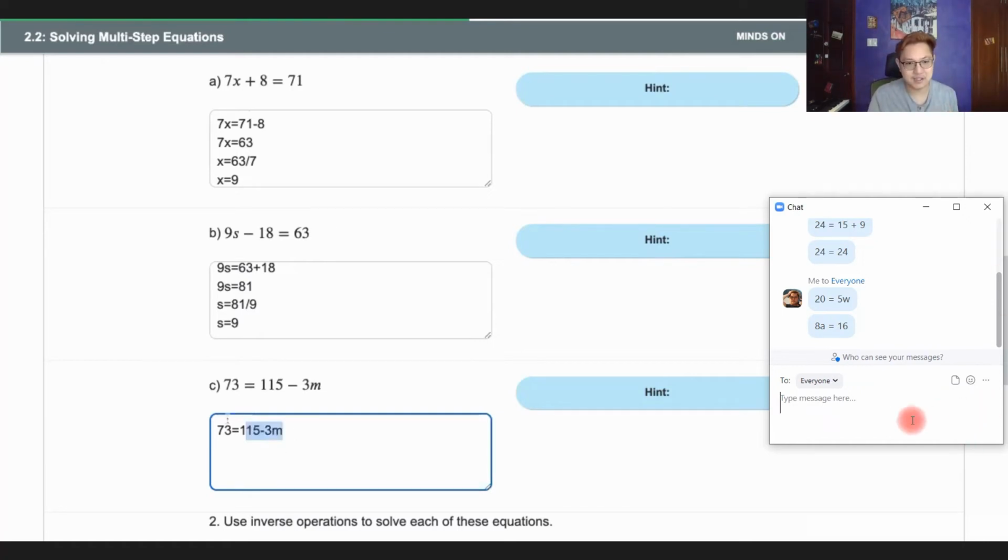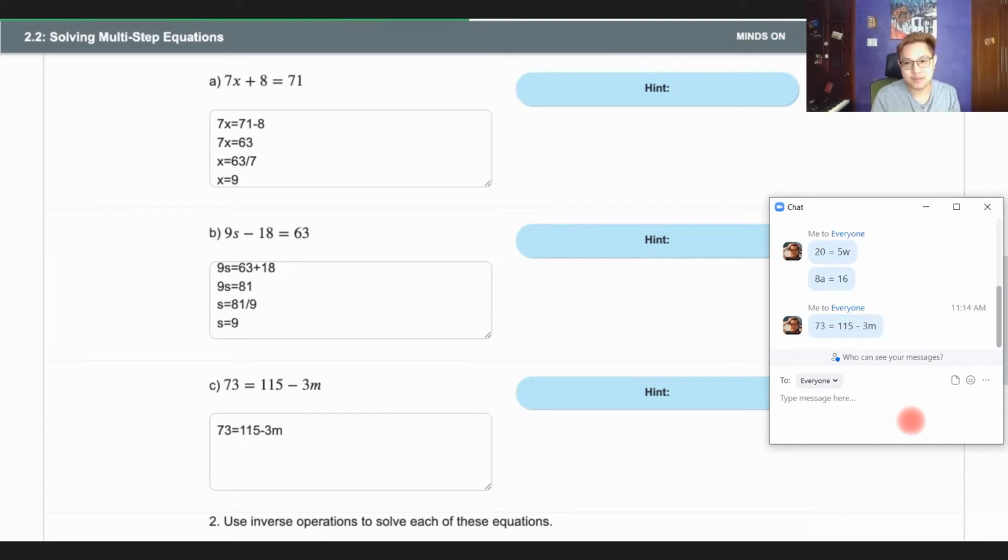Let's do it slowly, shall we? I'll just write it slowly, step by step. This is the question, and then what you should do is this one: minus 115 on both sides. Stepwise, just do it slowly.